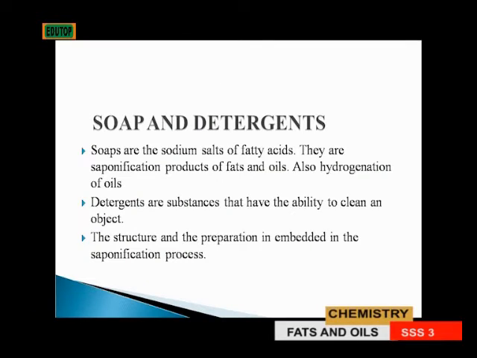Soap and detergents. Soap is the sodium salt of fatty acids. They are saponification products of fats and oils, that is, they are byproducts obtained during the saponification process.